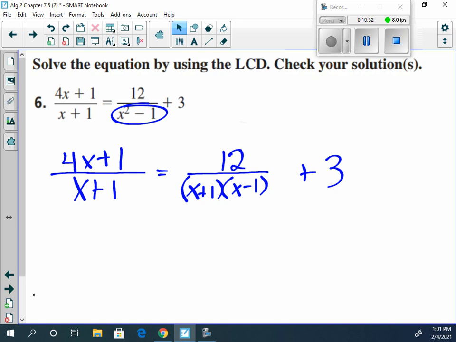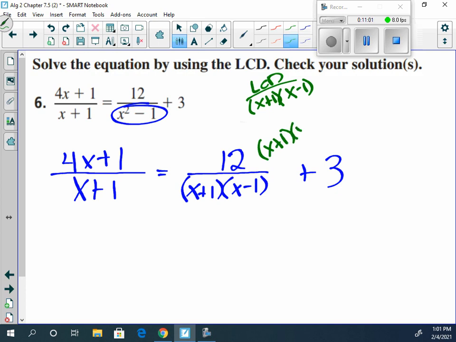If there is something that can factor in the denominator, we need to factor it to be able to find out what the least common denominator is. And looking at this here, what would be the least common denominator? Well, we'd have x plus 1 and x minus 1, because I need both of those to cancel out the denominator for 12 over the x plus 1 times x minus 1.